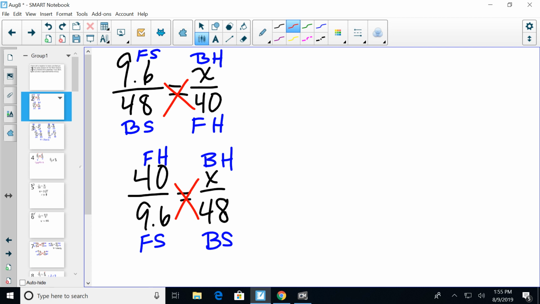All right, when we cross multiply, are we cross multiplying the same thing or a different thing in the first one? So 9.6 and 40 both represent two different things?